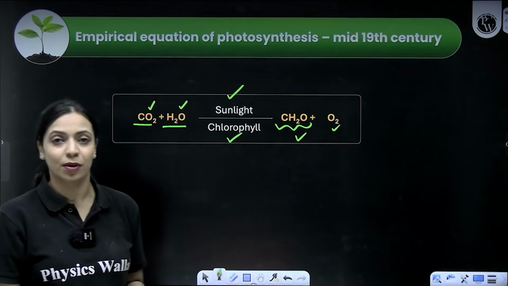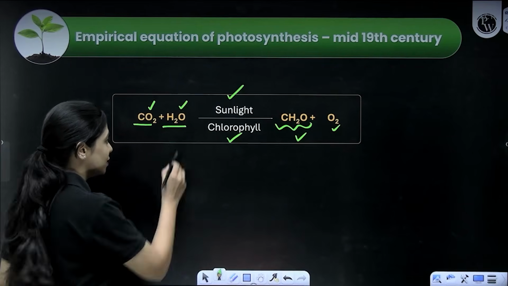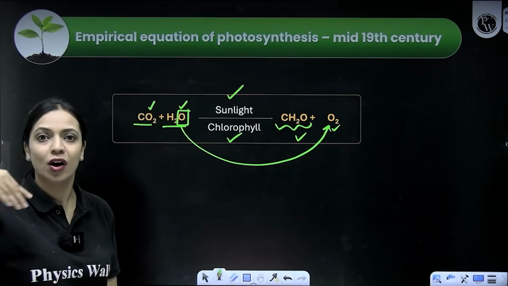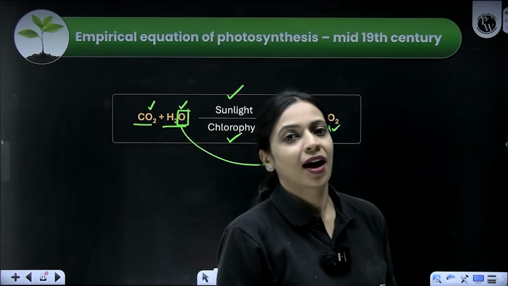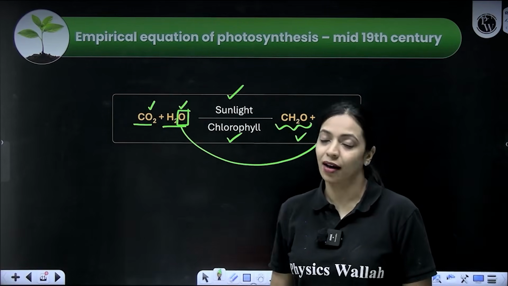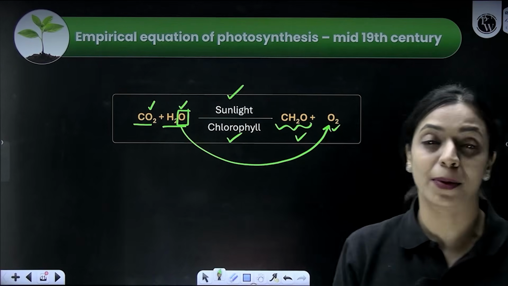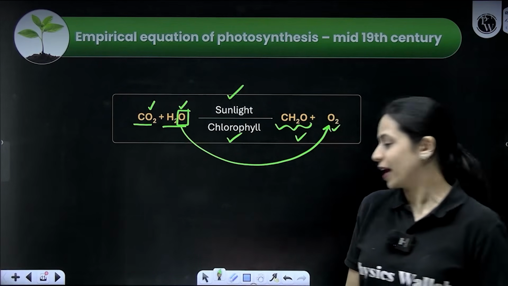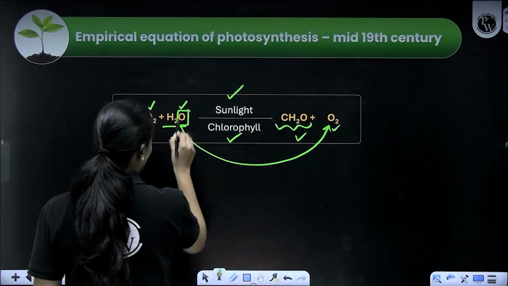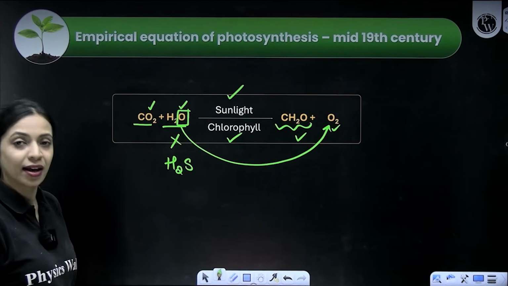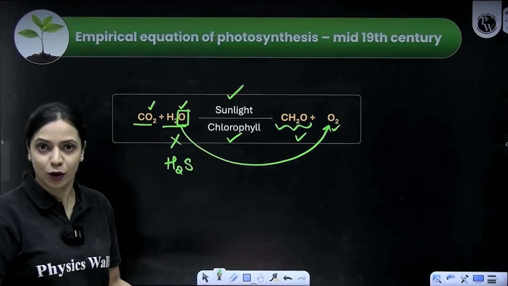But from his experiments, we got to know that the oxygen present in water is what will get released as oxygen from plants. How? Because in the bacteria that he worked with, which is green and purple sulfur bacteria, the hydrogen donor wasn't water. Instead, they made use of hydrogen sulfide as a hydrogen donor, and in such bacteria, oxygen was not evolving.